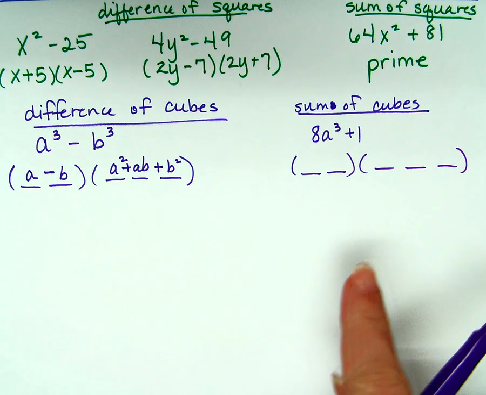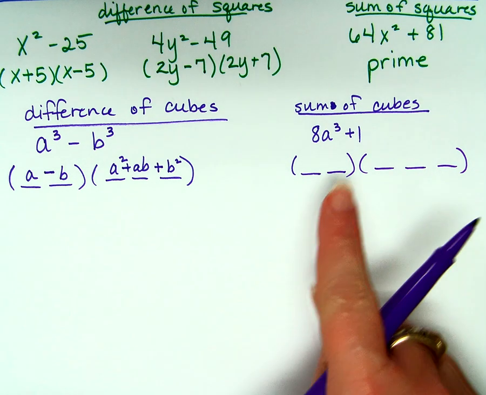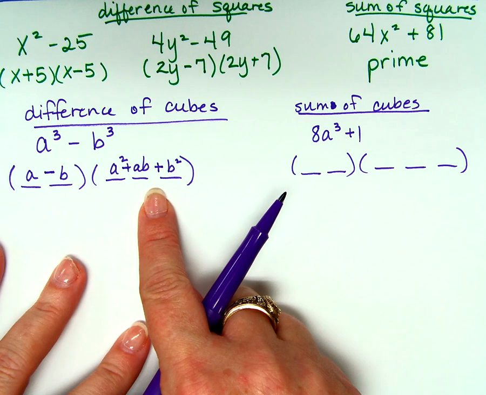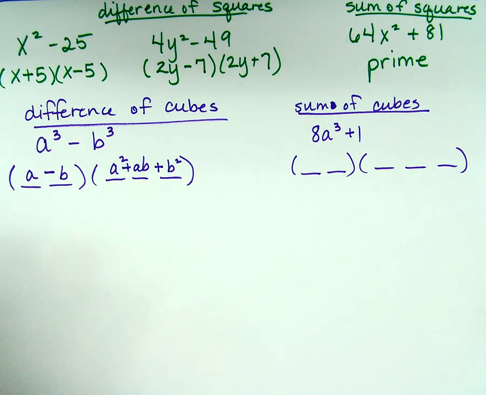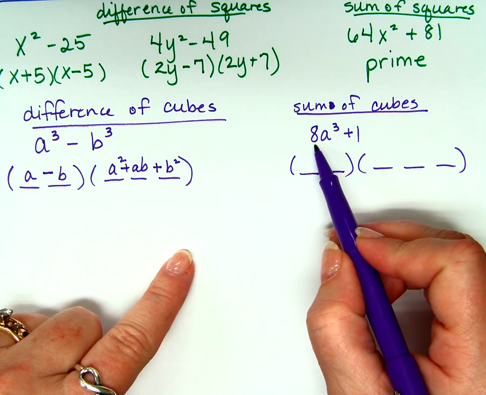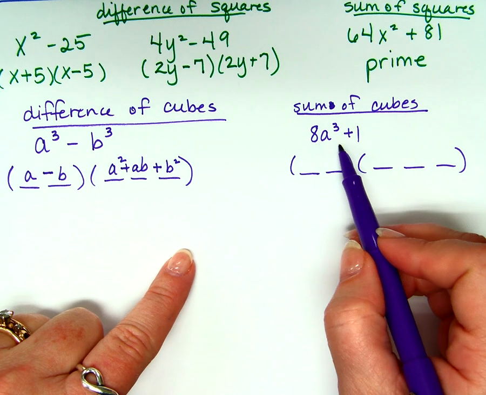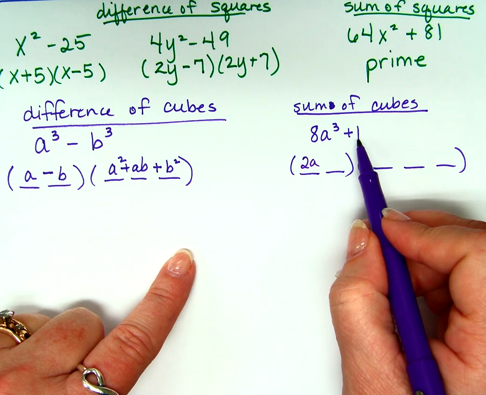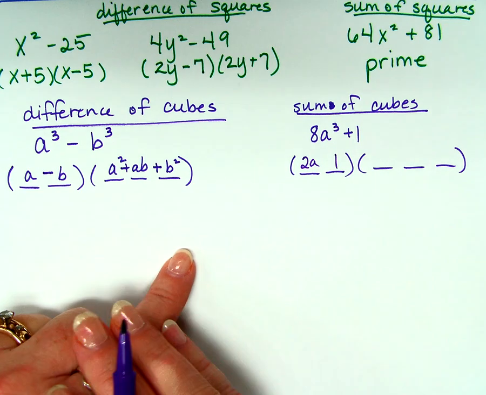Now I'm acting like you already know how to do this one, because if you'll remember, it's exactly the same pattern as the difference of cubes, but the signs are a little different, but the pattern is the same, right? So what's the cube root of the first term? 2a, so it goes here. What's the cube root of the last term? So it goes here.